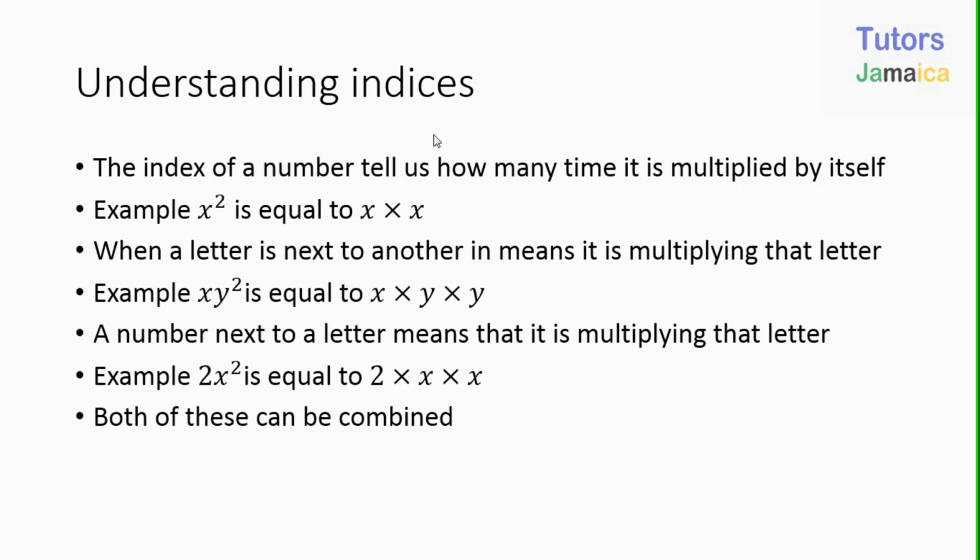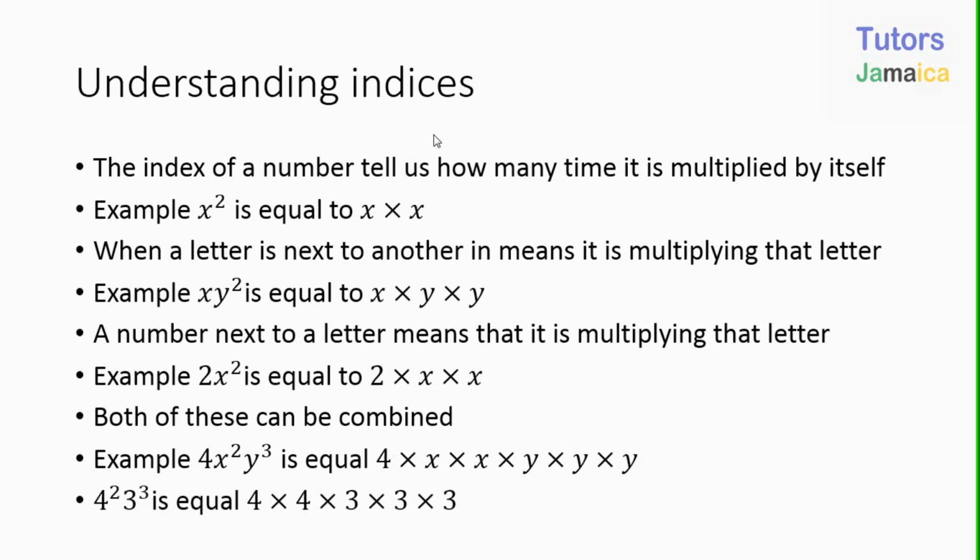Both of these can be combined. So we can have a letter next to a letter and a number next to those letters. For example, 4x squared y cubed is equal to 4 times x times x times y times y times y.